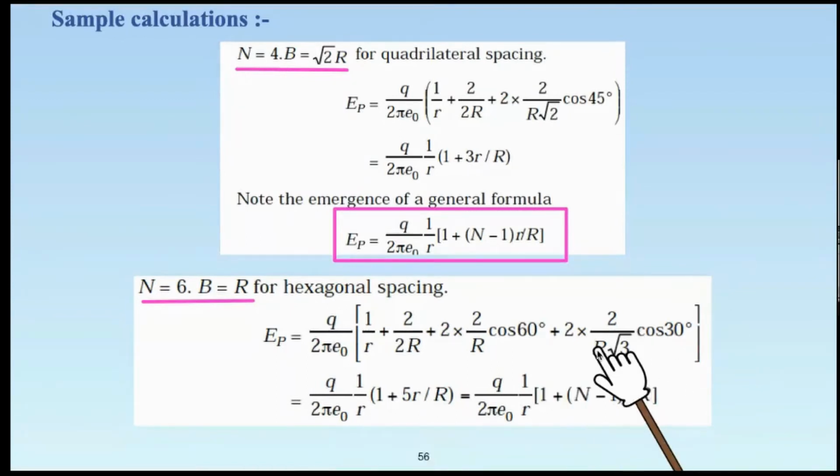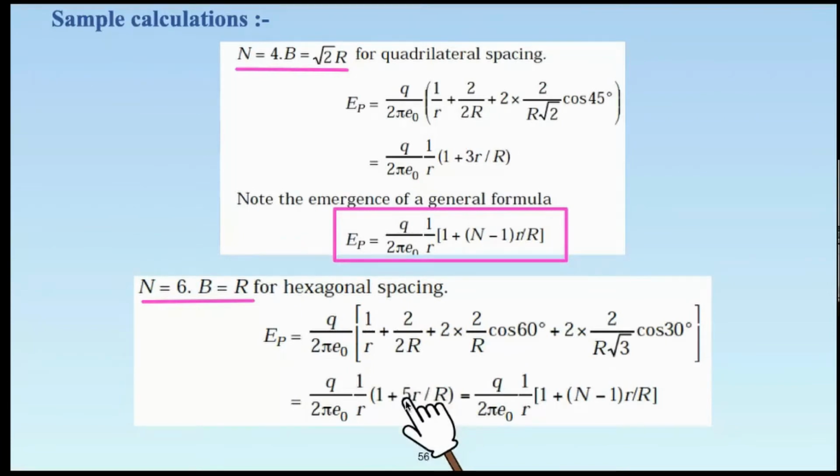So now let us check further. Again, this can be sorted, and you see here we again arrive at the term. You can simplify this. Just take a pencil and a rough page and try to solve this one and check whether you get this q upon twice by epsilon 0, 1 by r, 1 plus 5 r by r.